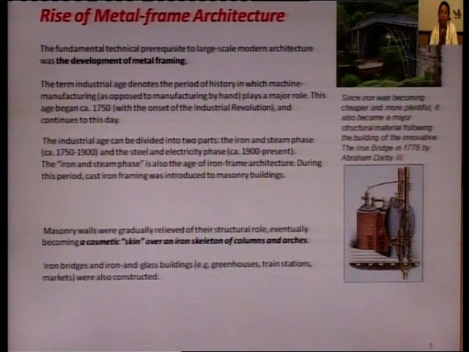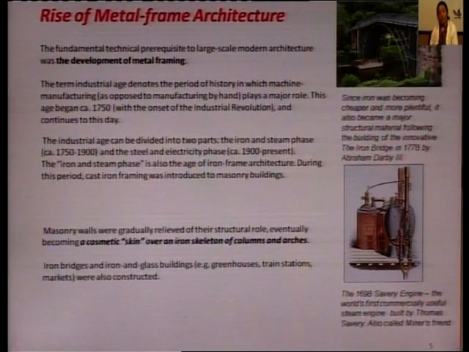So masonry walls were gradually relieved of their structural control, and eventually they became a cosmetic skin over an iron skeleton of columns and arches. Iron bridges, iron and glass buildings like train stations, markets, greenhouses, all these began to be constructed.